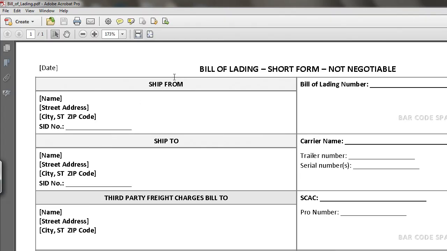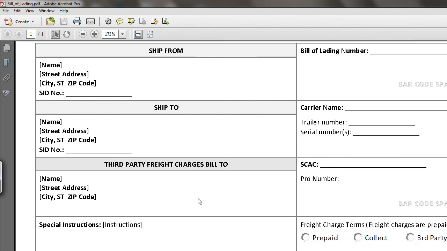See where it has shipping from, whoever your vendor is, ship to, your name or your department's name and address, then third-party freight charges billed to, who's paying the shipping, you are or is your supplier. If there's any special instructions dealing with the shipping, they would be put there.